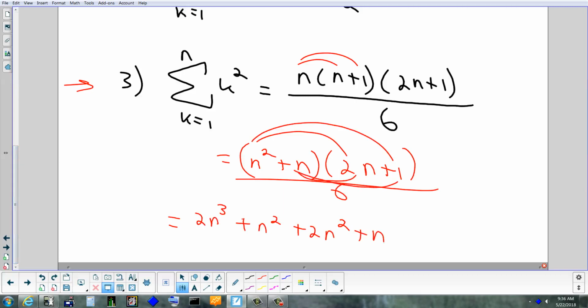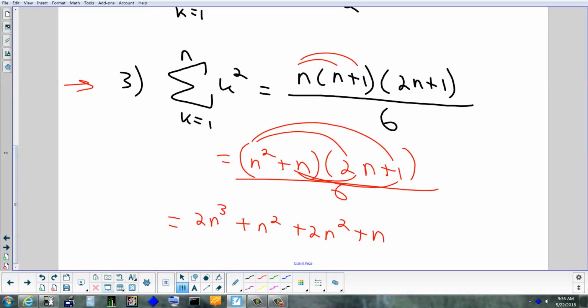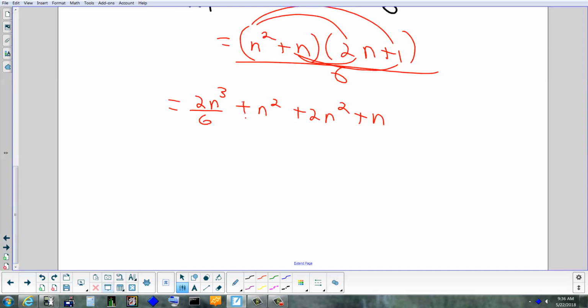Let's just make sure we did it right. 2n cubed plus n squared plus 2n squared plus n, all divided by 6. So what I'm going to do is go like this, because some of these reduce. I could combine like terms. So I'm going to get 1/3 n cubed. I'm going to get 1n squared plus 2n squared.